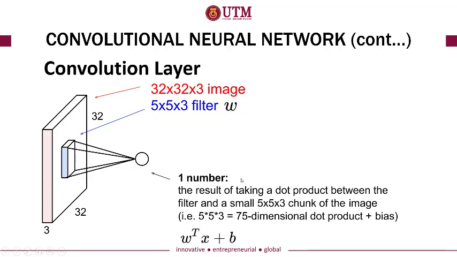So W is multiplied with the 5 times 5 times 3 X values that overlap in this window, and then you add B. If you draw the network, the B is here. You don't ignore the B, that's why there's a 1 there.